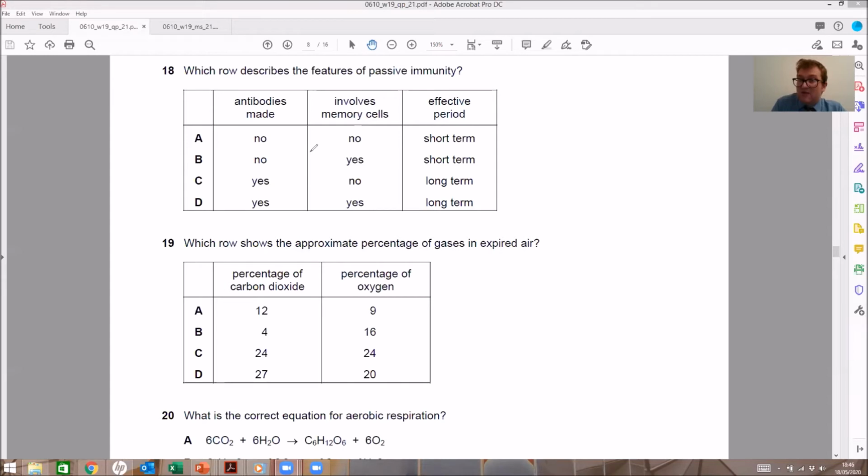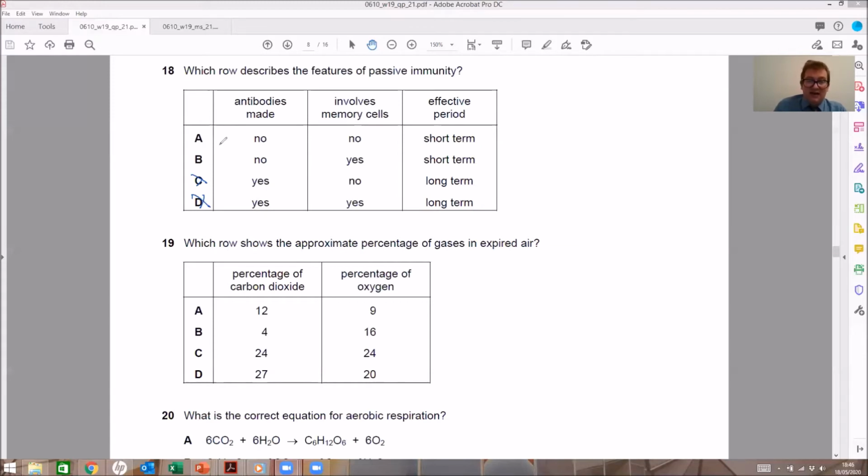Okay, this could either be in the form of breast milk that's consumed by the toddler or infant, or it can be just passively going into the fetal circulatory system through the placenta into their circulatory system that way. So here, this can eliminate options C and D straight away. Okay, because the antibodies are not made by the individual. Okay, they're made by the mother, and they're made by the mother's memory cells.